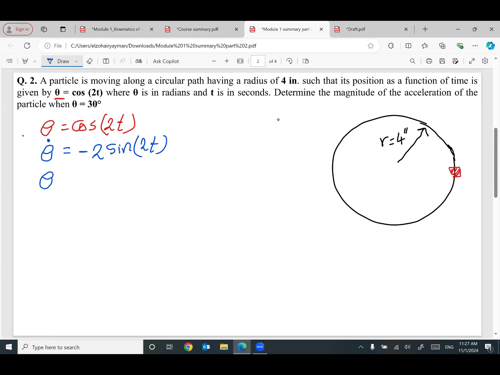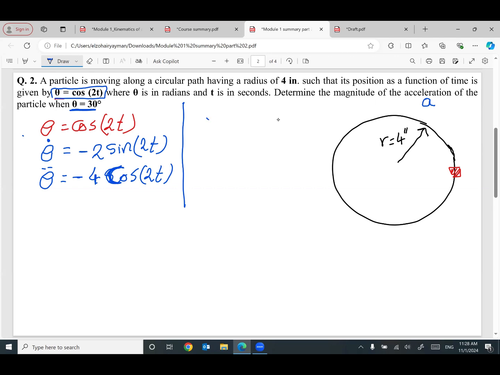One more differentiation: theta double dot equals negative sine, differentiation of sine will be cosine 2t, and differentiation of the term inside sine will be 2, beside 2 we will have 4. So this is the second derivative of theta with respect to time. That makes sense? So this is the first part. Based on the given information for theta, we need to determine the magnitude of the acceleration of the particle. What is the value of acceleration A when theta becomes 30?